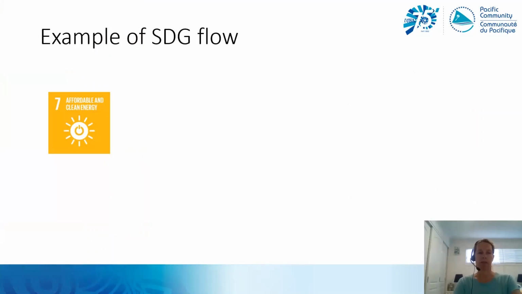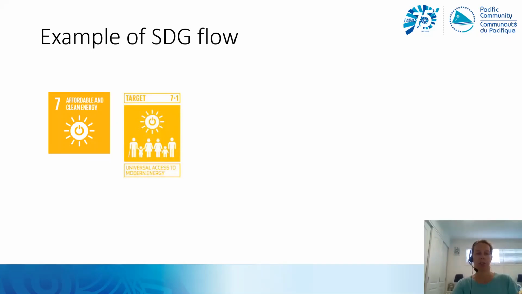So let's just have a quick look at an SDG data flow. Let's look at Goal 7, which is affordable and clean energy. Within that sits one of the targets, which is universal access to modern energy. And to measure that target, we have an indicator, which is the proportion of population with access to electricity.